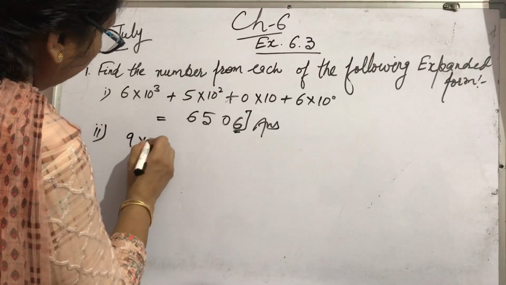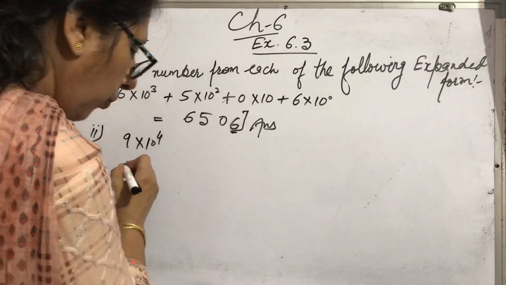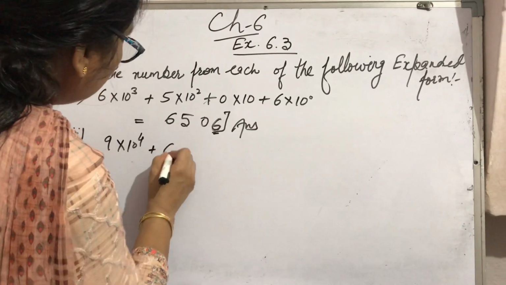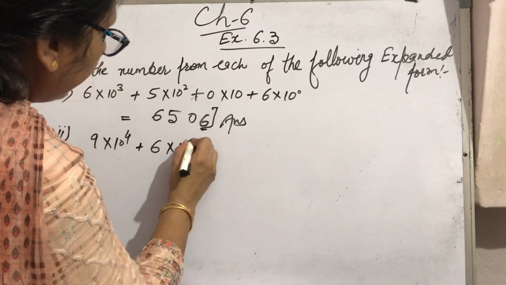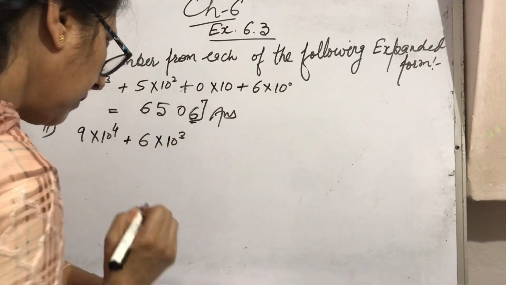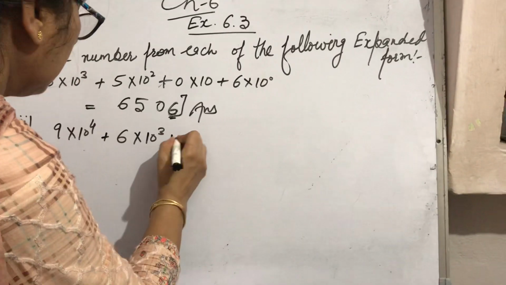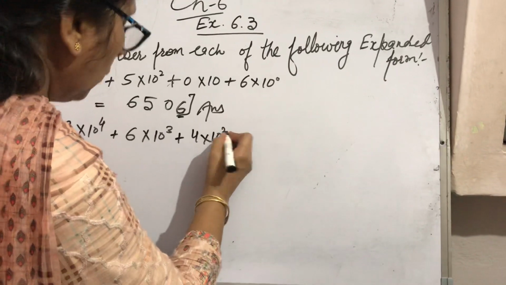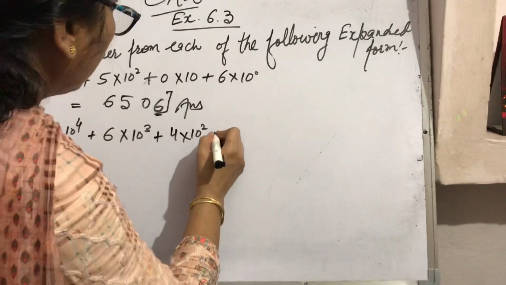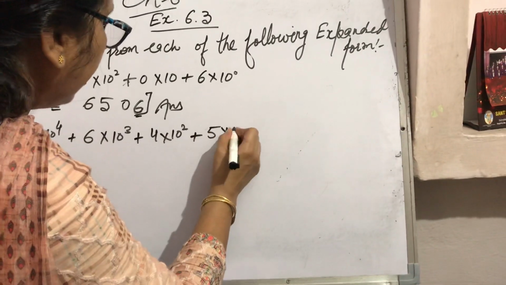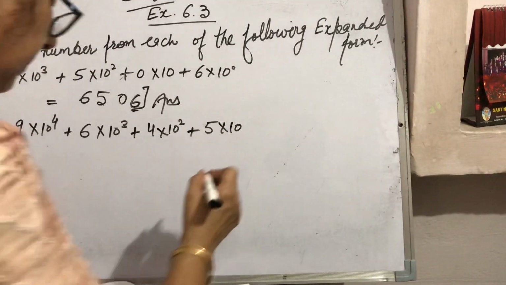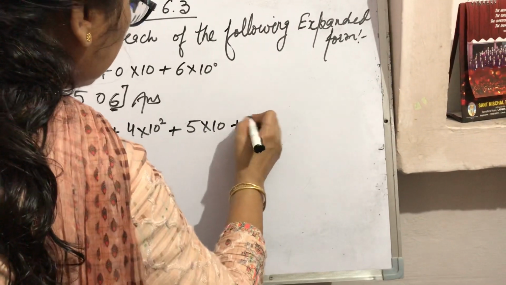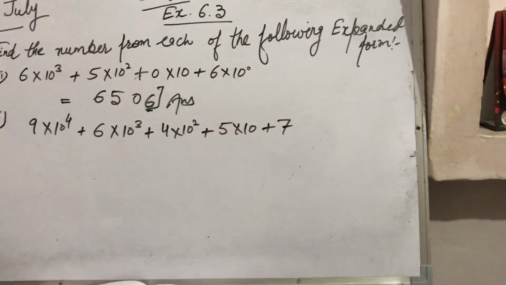So the second part of the same: 9 multiply 10 raised to power 4 plus 6 multiply 10 raised to power 3 plus 4 multiply 10 raised to power 2 plus 5 multiply 10 plus 7.